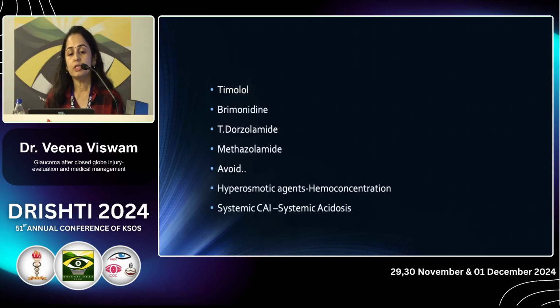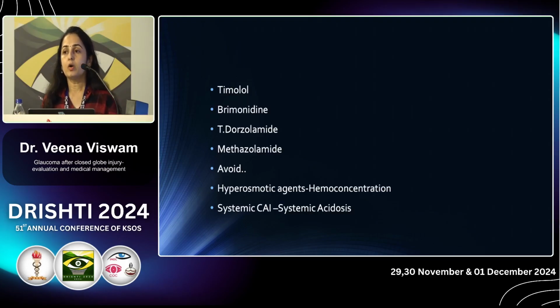Timolol, brimonidine, dorzolamide, methazolamide. Dorzolamide is not usually given orally. Topical dorzolamide can be given after timolol and brimonidine if the IOP is not getting controlled.